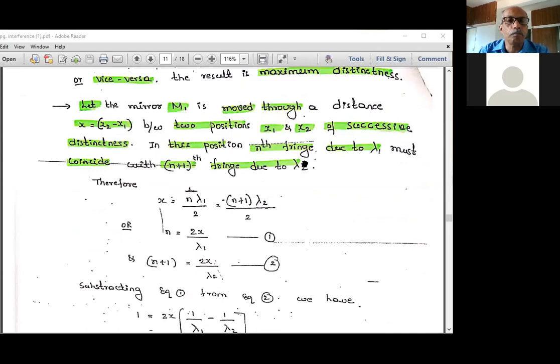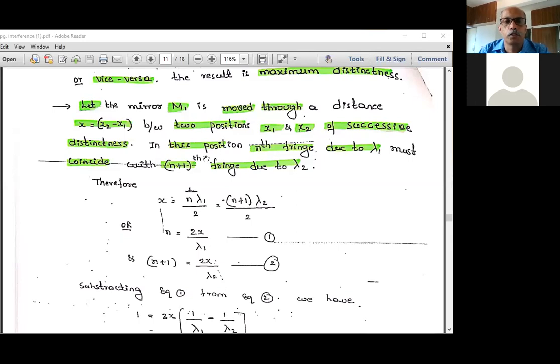Now, mirror M1 is moved through a distance x between the two positions x1 and x2. So it was at x1 for minimum distinctness and at x2 for maximum distinctness, and the separation is taken as equal to x. In the sense, the total distance moved by the mirror M1 is x, that is equal to x2 minus x1.